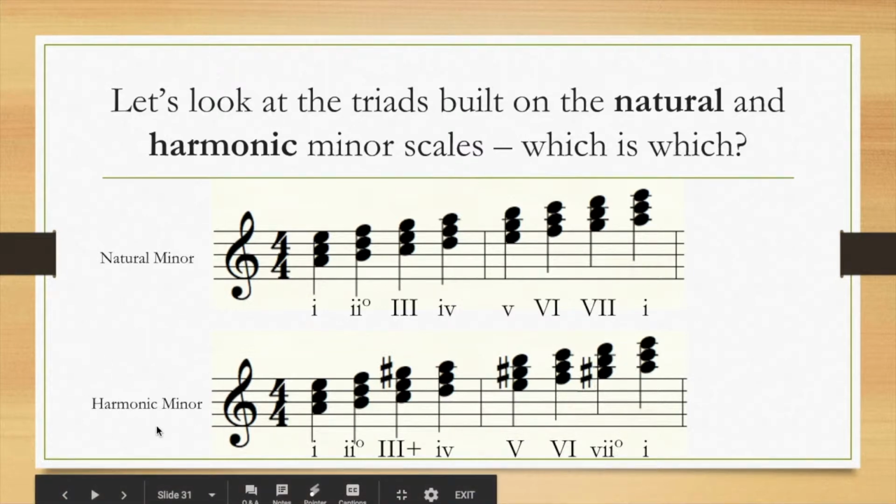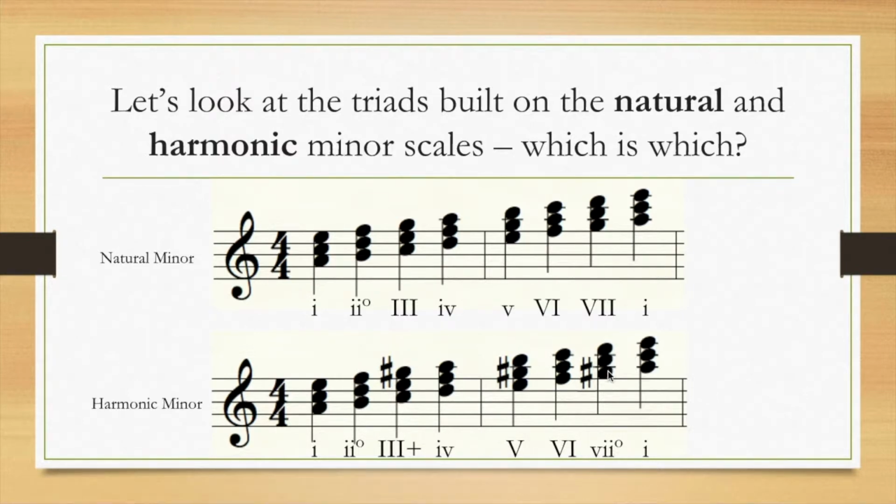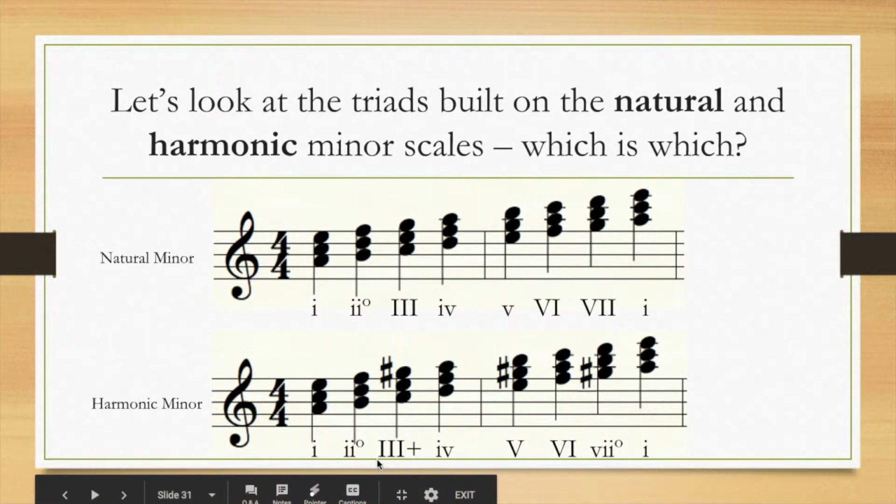Now when you come down here to the harmonic minor, and you have to add that G sharp in, this is what happens. We have this going on the 3rd scale degree, that augmented. So this is what they sound like.